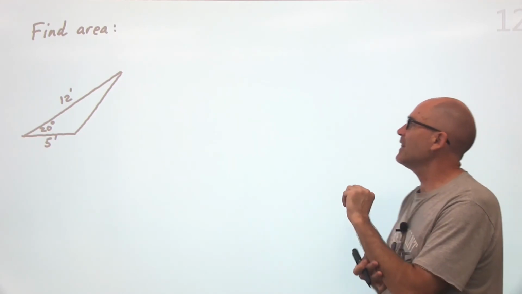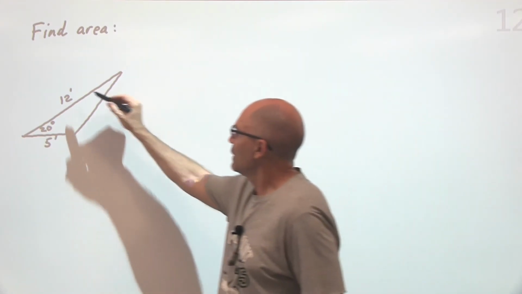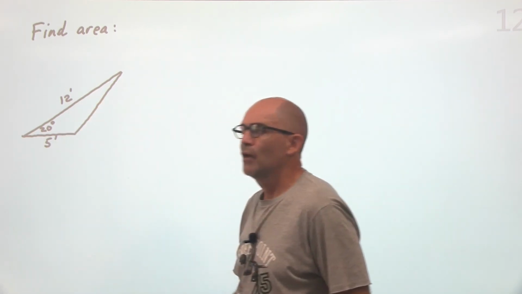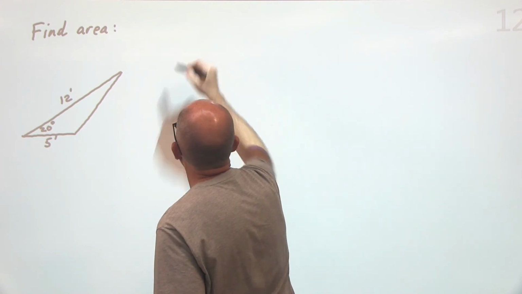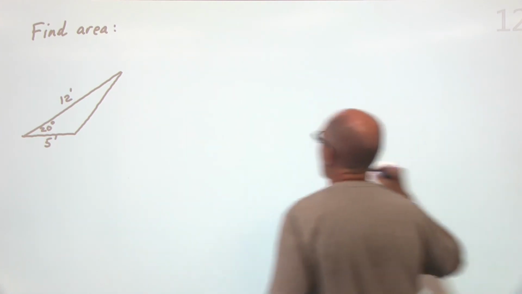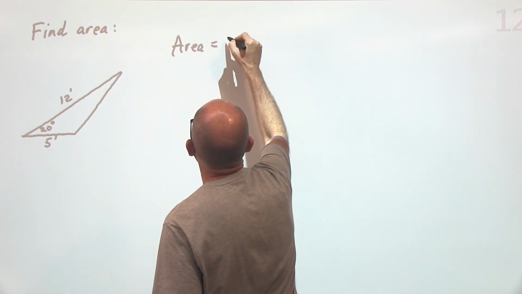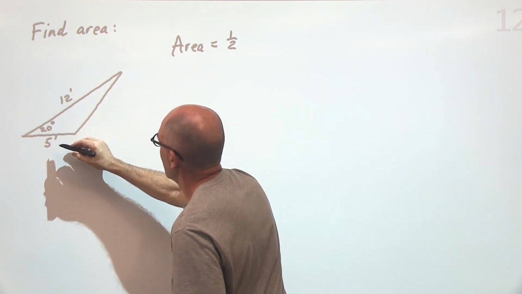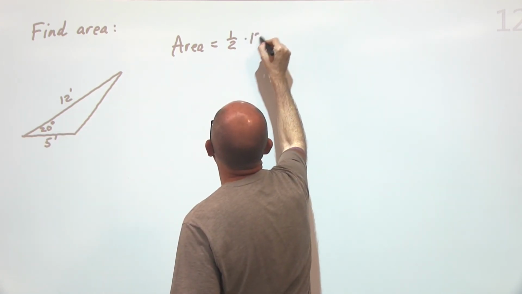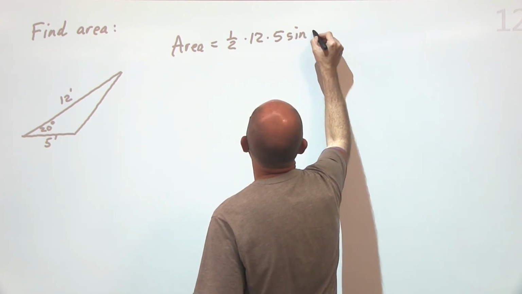Let's try this. Find the area of this triangle. Now notice we have side, angle, side. So we're going to use area equals 1/2 times 12 times 5 times the sine of the angle in between.